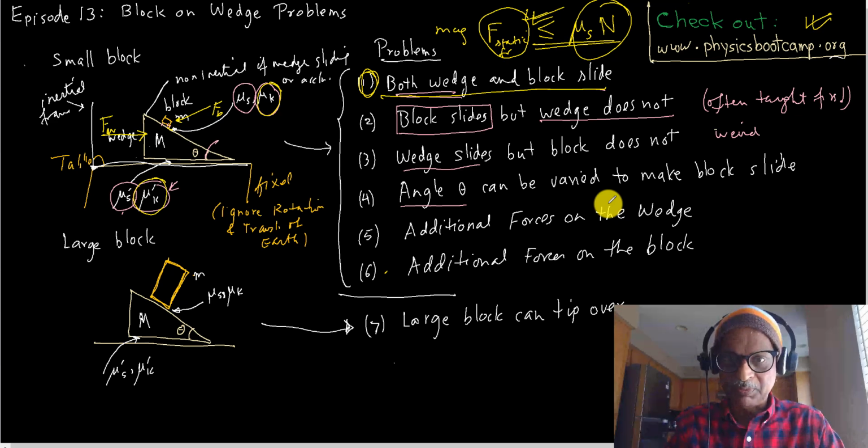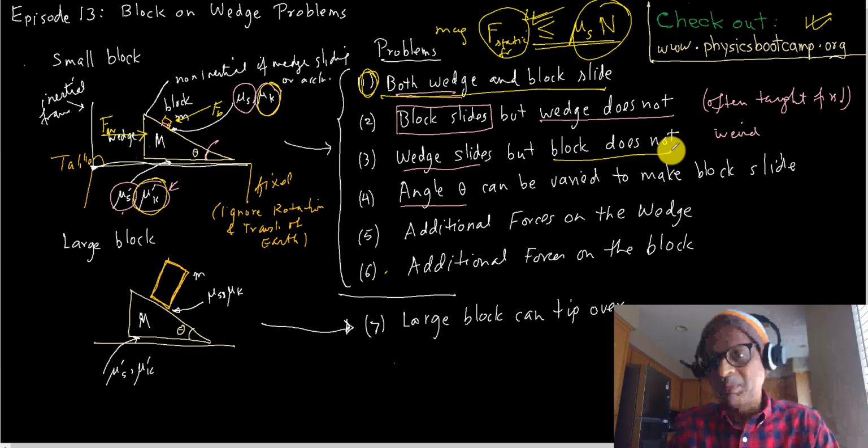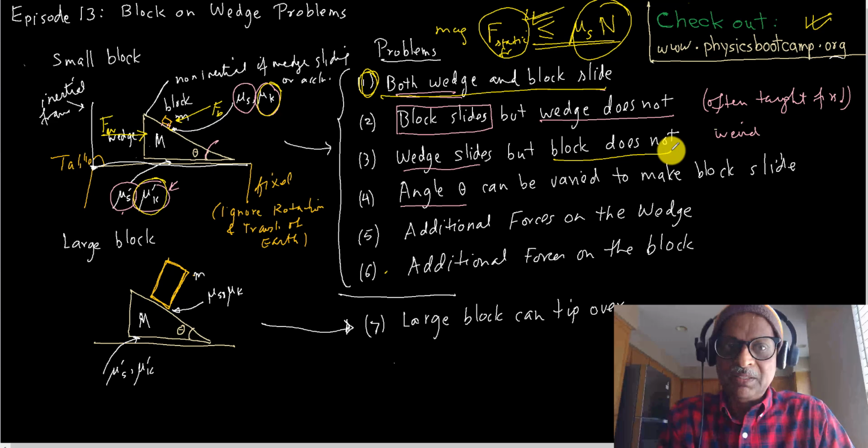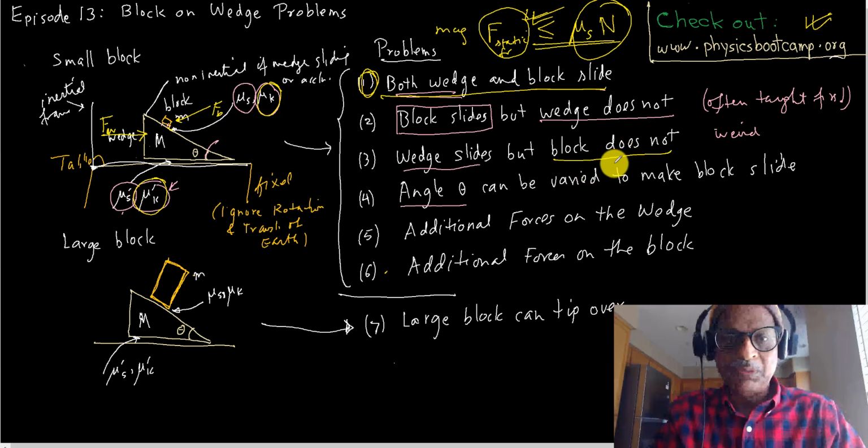Maybe in the future, when I do the static case, I will be able to say, well, this thing will be like does not slide. And of course there may be a static frictional force that's involved in this, may or may not be, but we will do that.